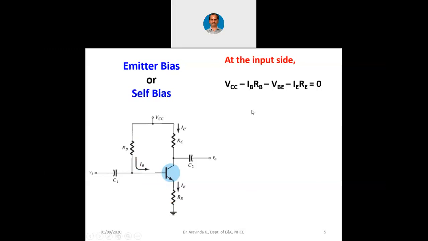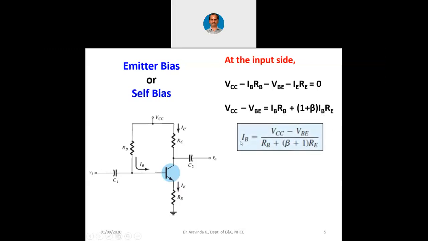Now IE is nothing but 1 plus beta into IB. This expression you are already familiar with. We will substitute that. I will bring the two terms IBRB and IERE to the right hand side. VCC minus VBE is equal to IBRB plus 1 plus beta into IB into RE.